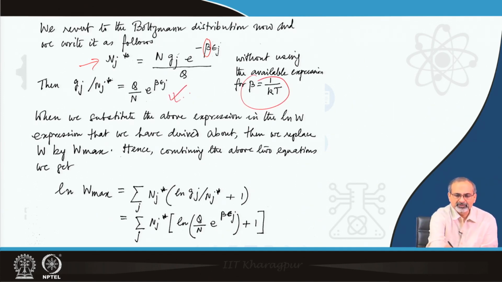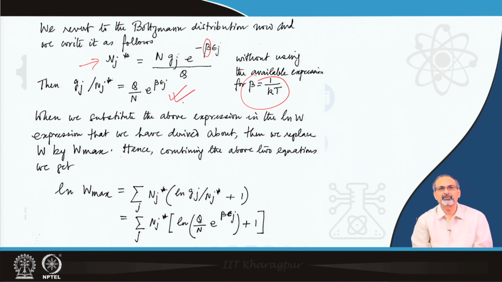Now, if we do that, then G_j by N_j star would be represented as Q by N e to the power of beta epsilon_j. So, beta is now an unknown. When we substitute the above expression in the log W expression that we have derived, we replace W by W max.